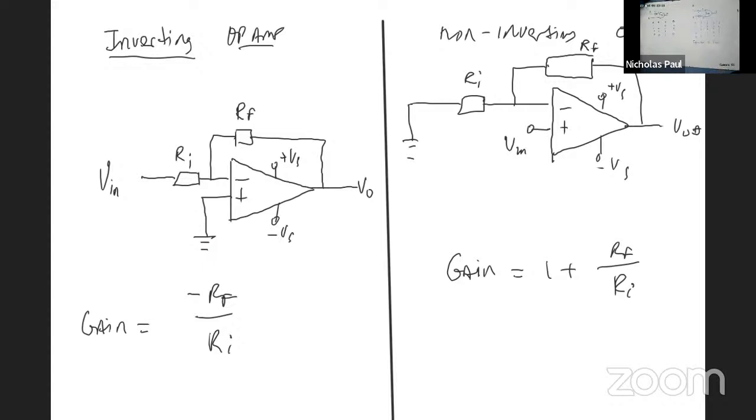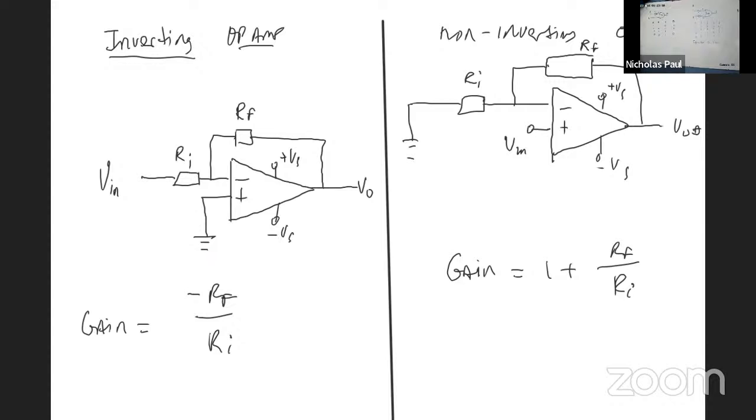So we're going to try to prove this formula for gain. Any idea what formula we're going to use to start off with? How are we going to start this proof? We want to prove gain is equal to minus RF on RI. What do you know about gain?